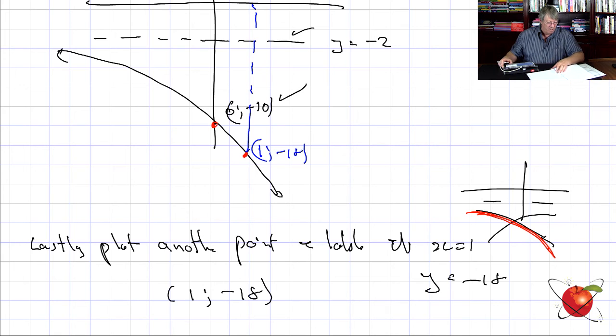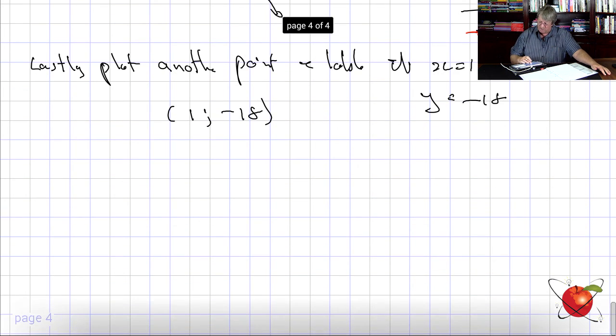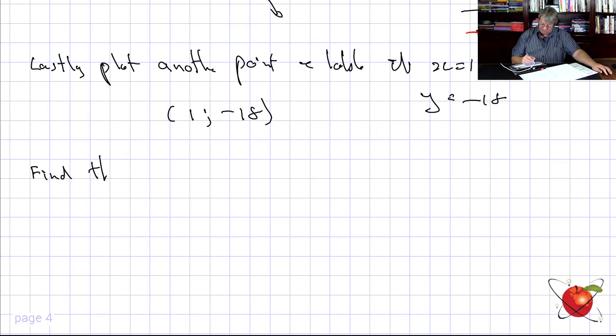The last part of this, and we're almost there, is where they say to you once again, find the equation given. It goes through some points.